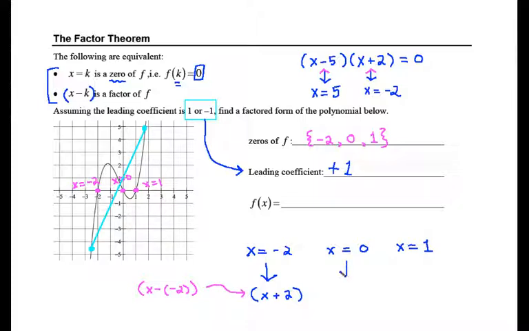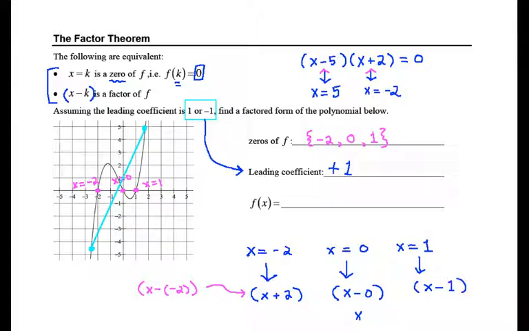This middle factor, x minus k, is going to be x minus 0, but of course we don't have to leave that as x minus 0. That's the same thing as simply x. So we will have a factor of just x. And for this last zero, k is equal to 1, so we'll have the factor x minus 1.